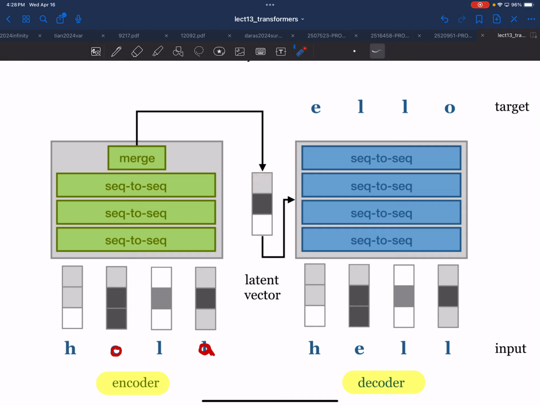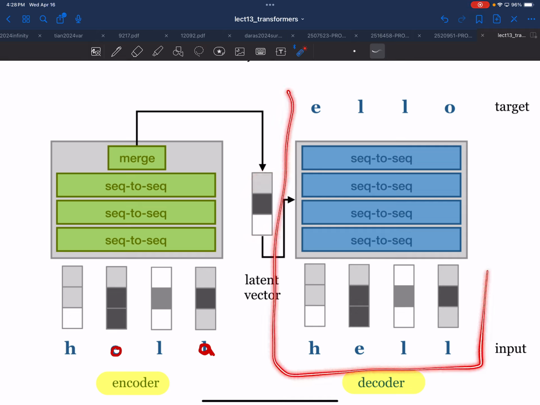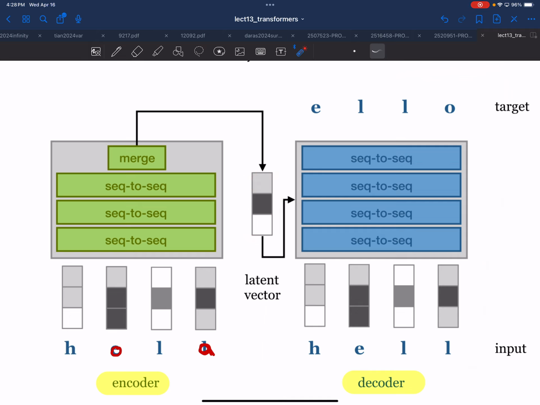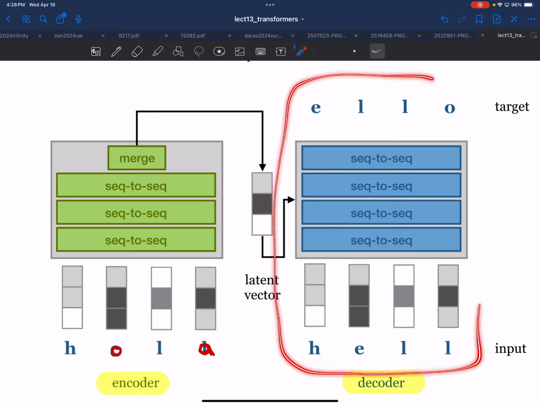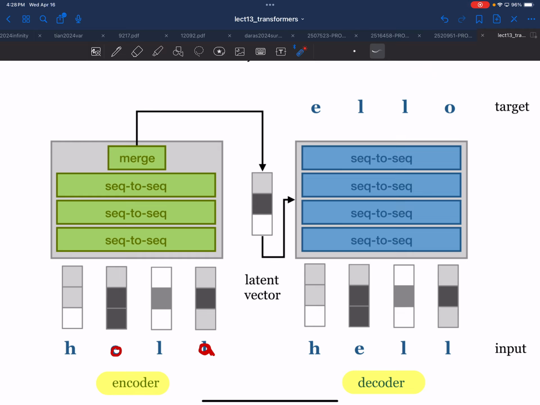Then the decoder is the autoregressive text generation that we just described. It is going to focus on English text because we're translating Spanish to English, and it's going to be driven by that latent vector. The latent vector is basically telling it, generate a sentence with the same meaning as this sentence, or in this case, this part of a word. Then it's doing that autoregressive text generation.